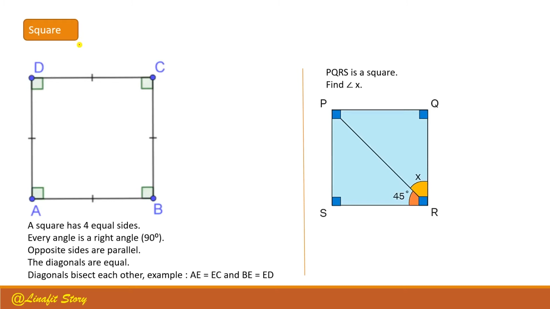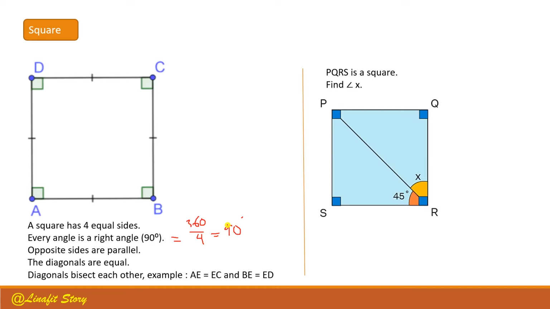A square has 4 equal sides. Every angle is a right angle, equal to 90 degrees. 360 divided by 4 is equal to 90 degrees. Opposite sides are parallel. The diagonals are equal.